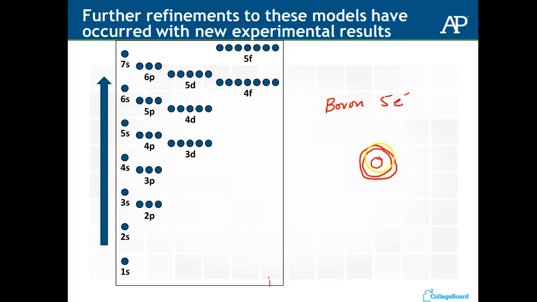So electron number 1 and electron number 2 are housed in the 1s2 orbital. Electron number 3 and electron number 4 are housed in the 2s2 orbital. And electron number 5 is housed in the 2p1 orbital.